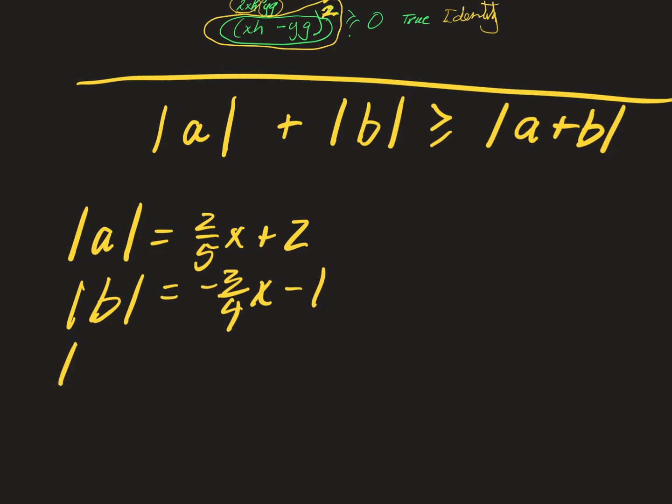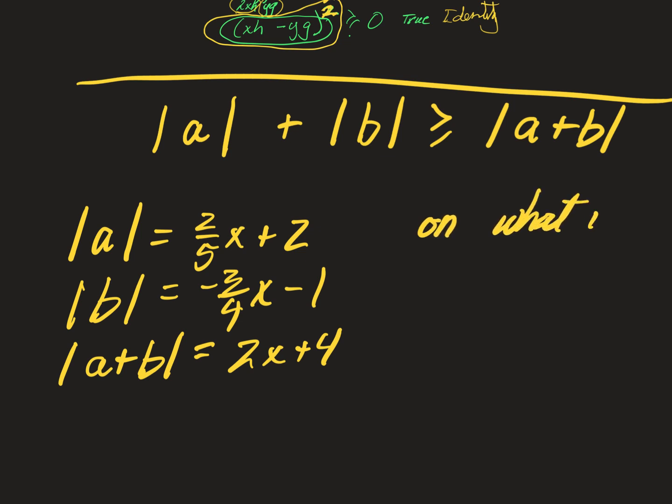And then the absolute value of the sum, or the modulus of the sum, A plus B, is equal to 2x plus 4. And then what they ask you is on what interval must x fall. Now, I've never seen this problem before.